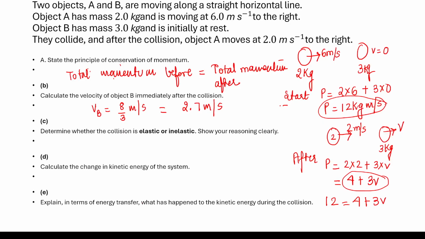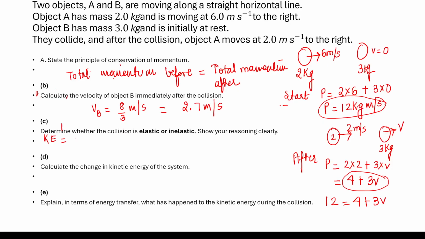Okay. Determine whether the collision is elastic or inelastic. Show your reasoning clearly. Now, to find whether the collision is elastic or inelastic, the only difference between the two collisions is that kinetic energy is not conserved. So I have to find the starting kinetic energy. KE is, I'm just using half times mass times v squared.